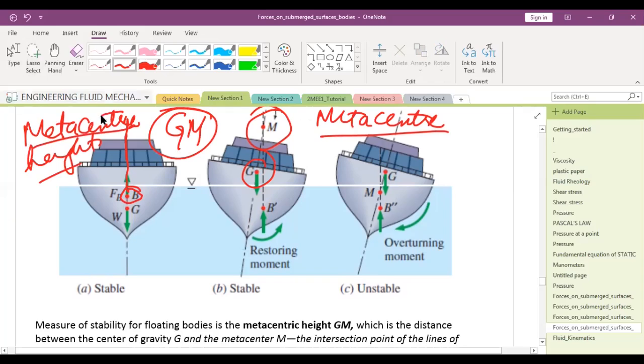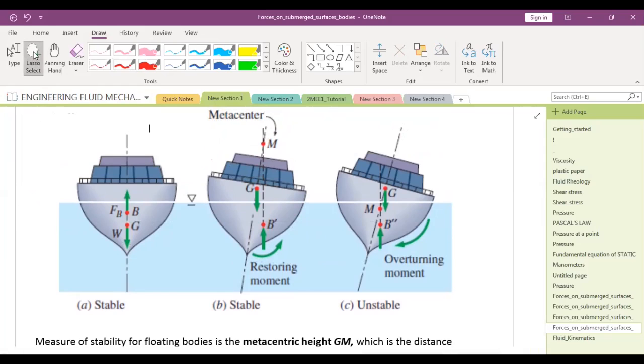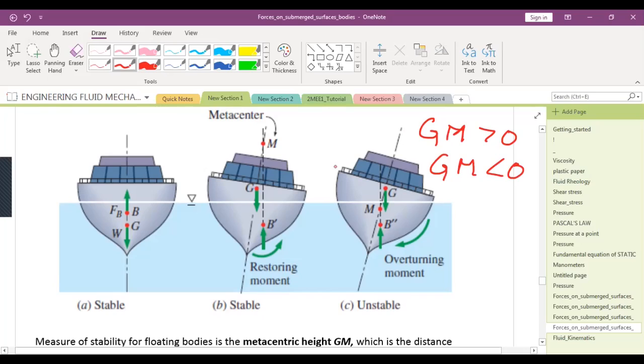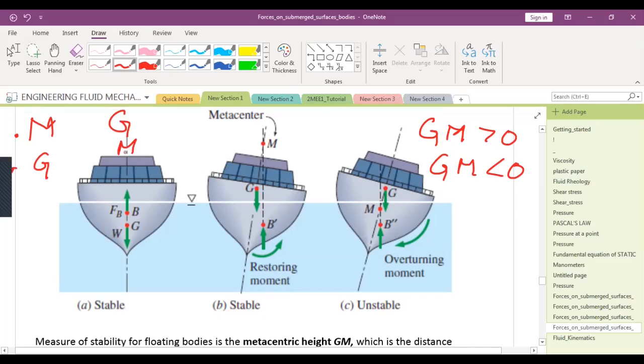So try to see, now let me know in which case will the ship sink. I'm writing down two things here: GM is greater than 0, GM is less than 0, or M is lying above G, and in one case G is lying above M. And the third case is G and M coinciding, this will never happen, so I am not taking this case.